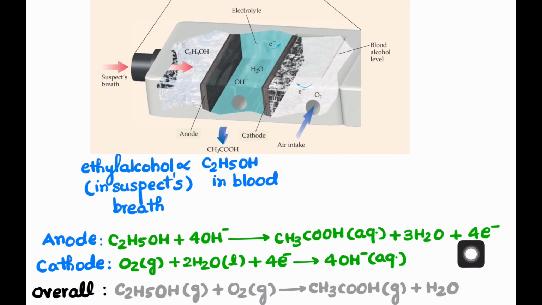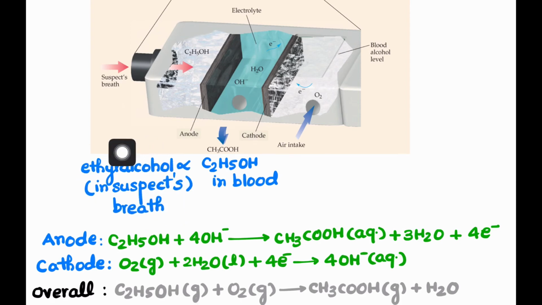More current means more charge from the oxidation, more flow of this charge, and more electricity produced. So the greater the current, the higher the amount of ethyl alcohol in the suspect's breath.